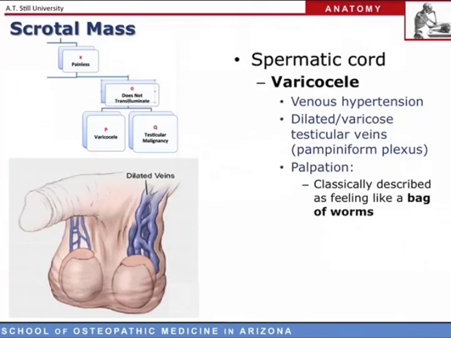And so now let's think about why. When we think about the fact that these pampiniform plexus of veins are going to ramify into a single testicular vein, what's the difference in the way that that vein drains on the left side versus the right side?